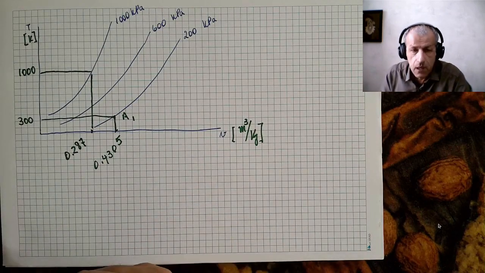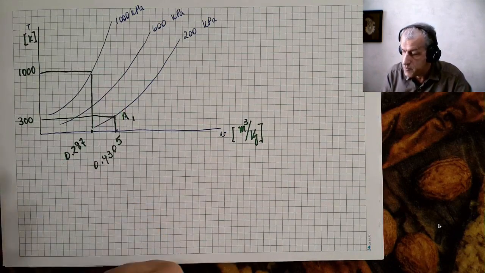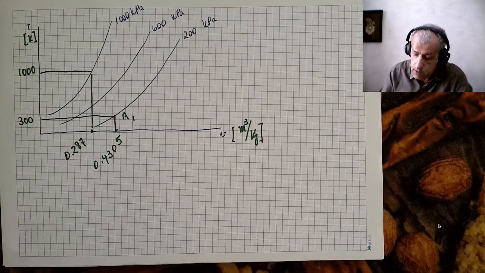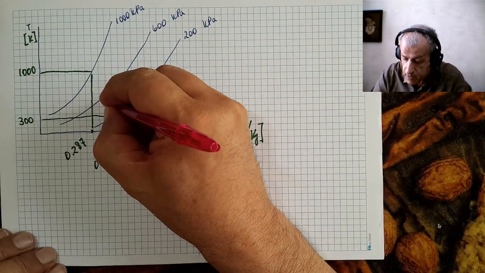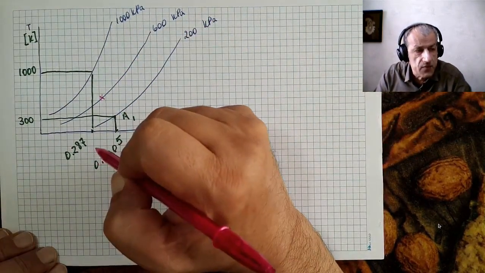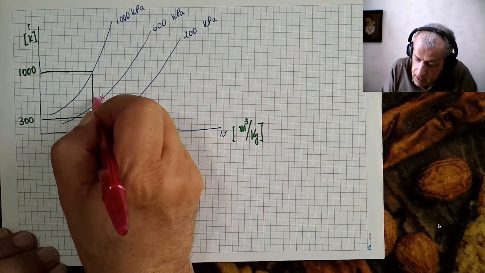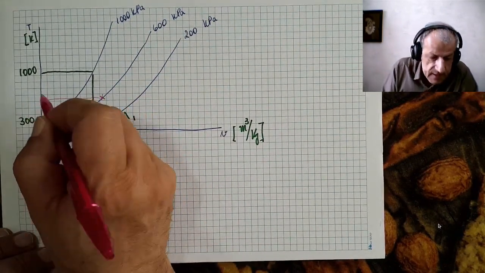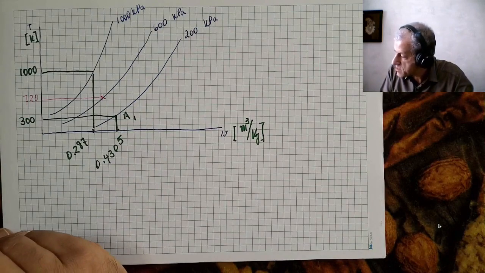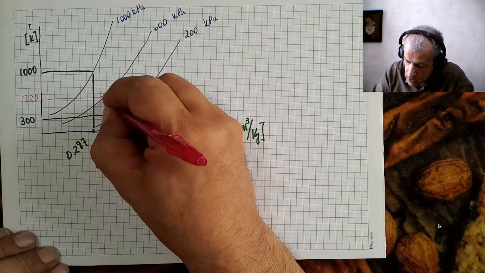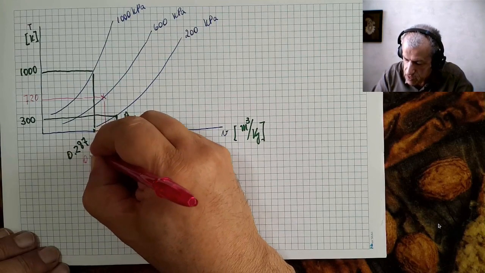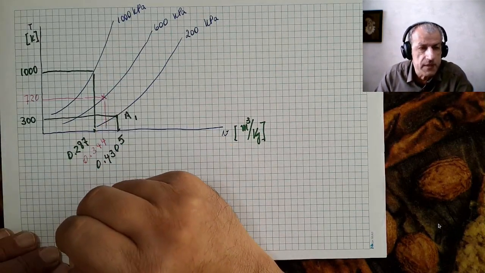Now, A and B are in equilibrium at the final condition, and therefore our final condition would be a point somewhere in between, somewhere like this one, where the pressure is 600 kilopascals, the temperature is 720 kelvins, somewhere in between, and also the specific volume is somewhere in between, which is 0.344 cubic meters per kilogram.